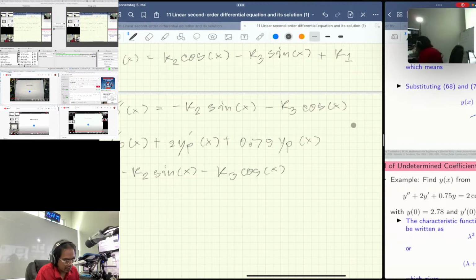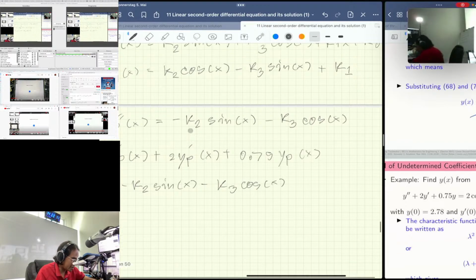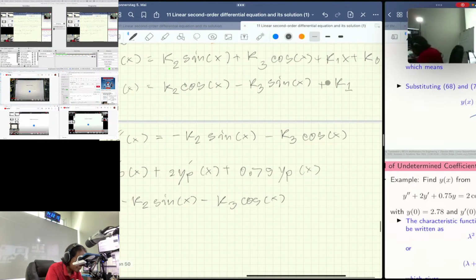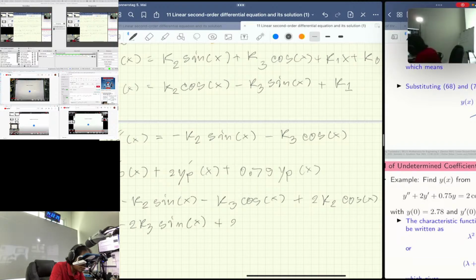and here you need to have 2 in front of every term, which is this one. There you have 2k2 cosine x, and here you have negative 2k3 sine x and plus 2k1.